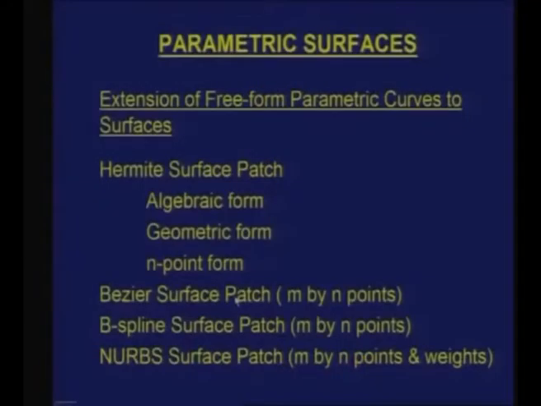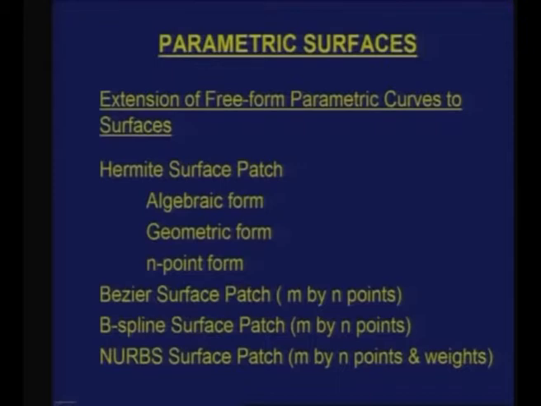The same thing can be extended to other forms, like you have a Bezier surface patch, common is the bicubic Bezier surface patch. In this case, m is 4 and n is also 4. So, you have 4 by 4 points, that is 16 points, which will define the Bezier surface.